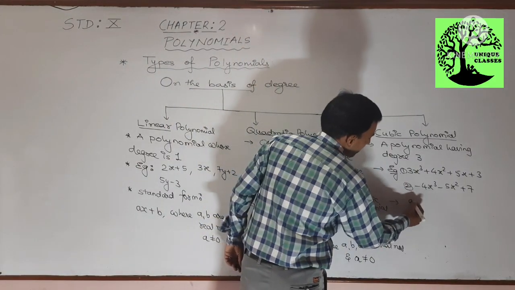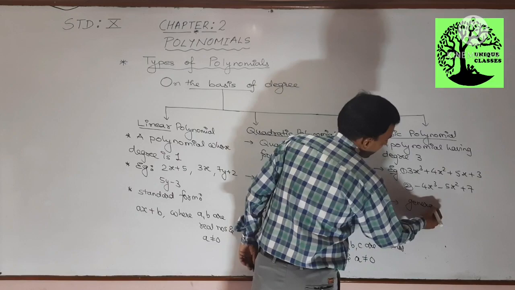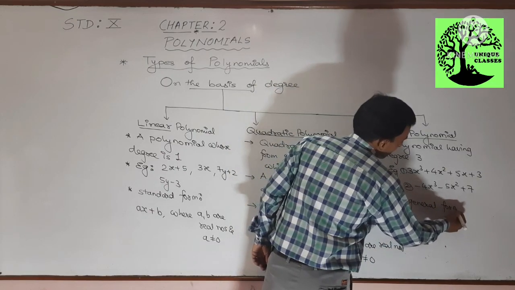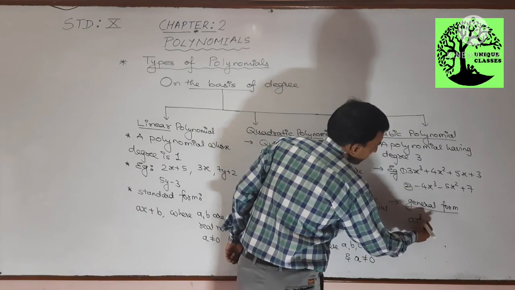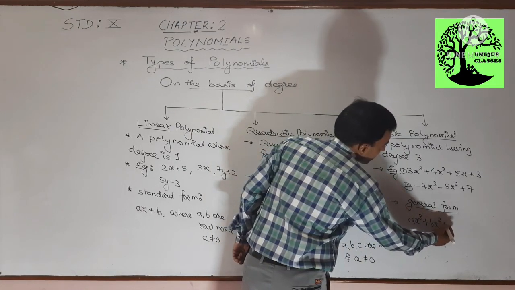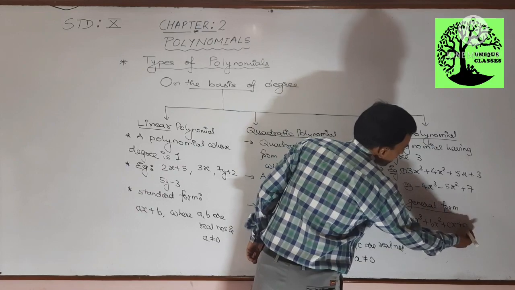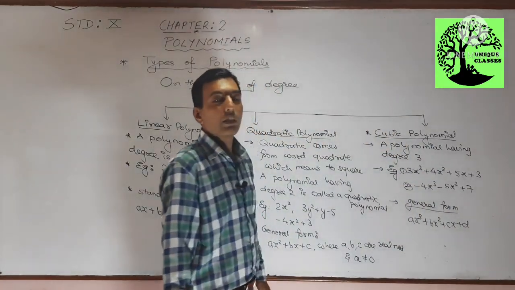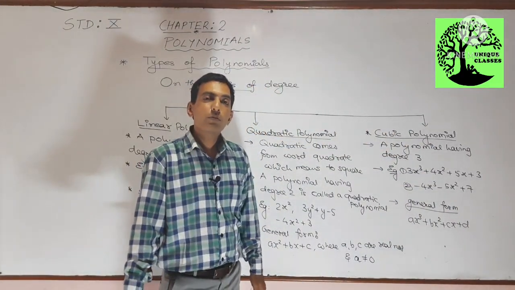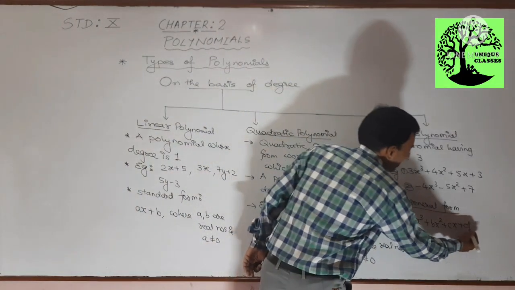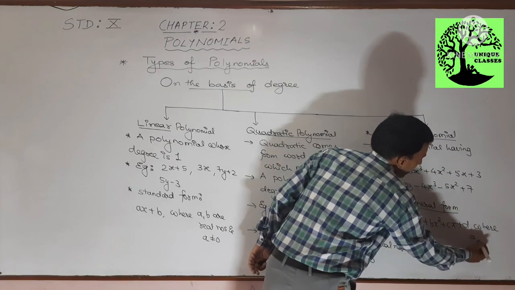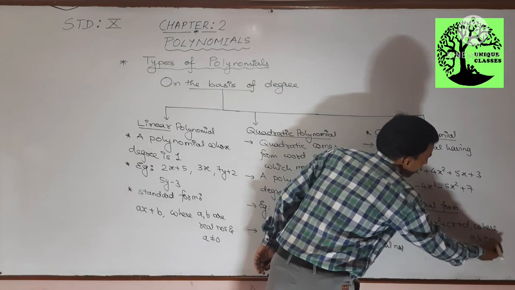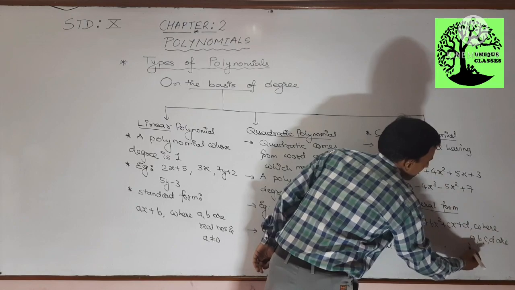Now, general form. The general form of a cubic polynomial is ax cube plus bx square plus cx plus d. This is the general form of a cubic polynomial, and in this general form, student, a, b, c, d are all what? Real numbers.